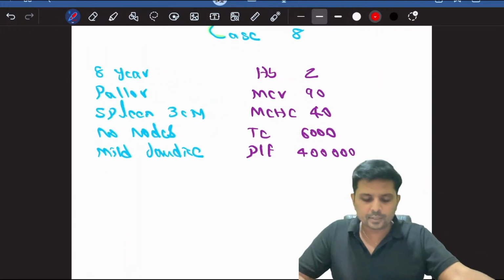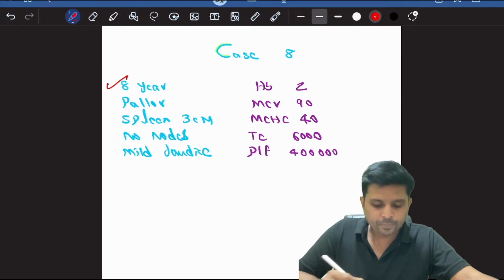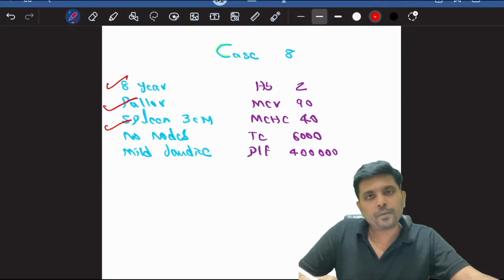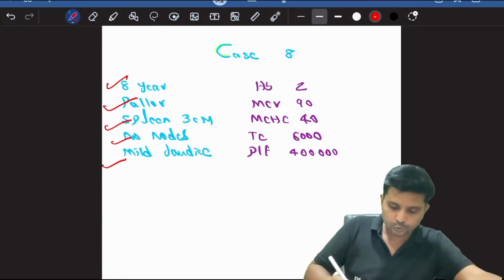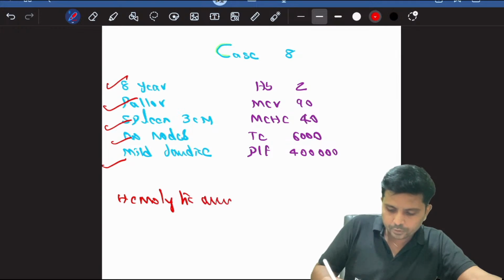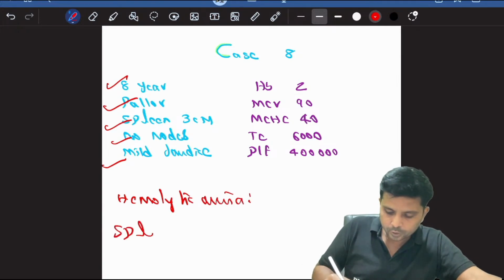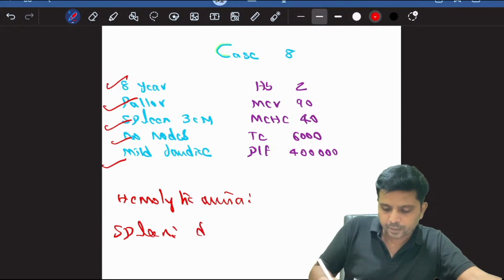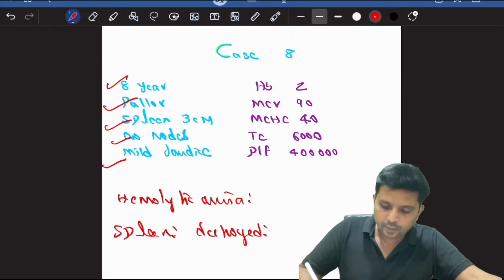And finally case 8. What is this case 8? This is an 8-year-old child with pallor along with splenomegaly, mild jaundice, no nodes. Here itself it shows it is hemolytic anemia because you have jaundice, and spleen is there, so the hemoglobin is destroyed in the spleen.